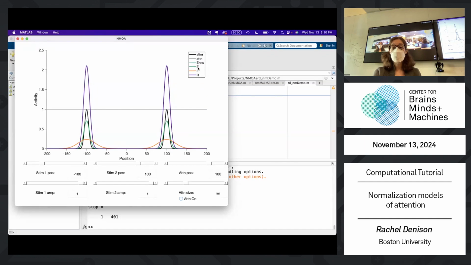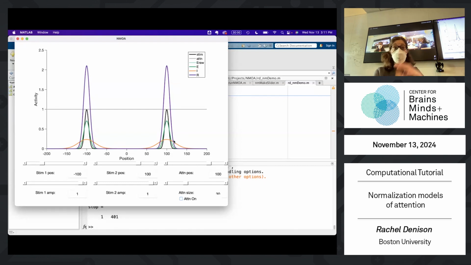You'll notice there's things that are E, which are excitatory, and there are things that are I, which are inhibitory, or suppressive. E raw is the excitatory drive to the neuron before any attentional modulation has been applied. E is going to be the excitatory drive to the neuron after attentional modulation has been applied.